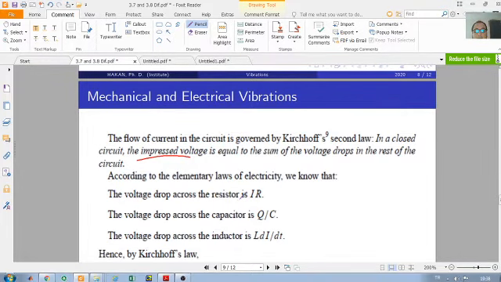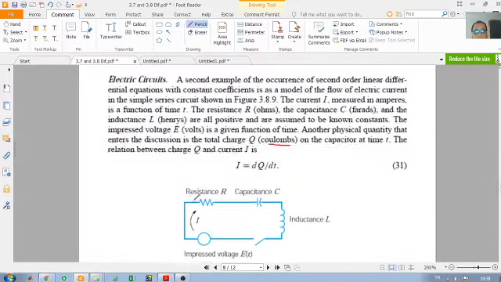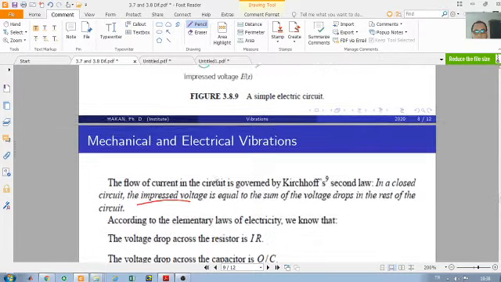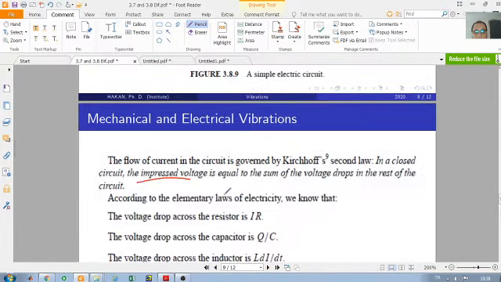According to the elementary laws of electricity, we know that the voltage drop across the resistor is the multiplication of the current and the resistance constant.